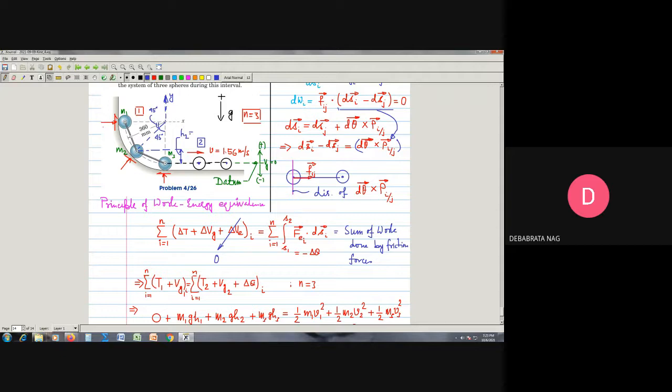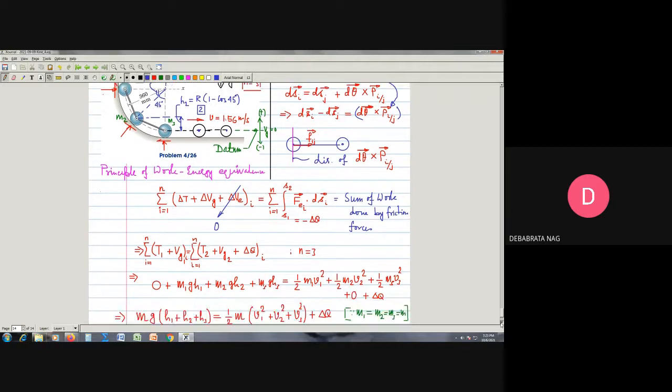H2 can be written in this manner: since this angle theta is equal to 45 degrees, the cos part of it is this much. So we can say this is R into 1 minus cos 45 degree, which equals H2.